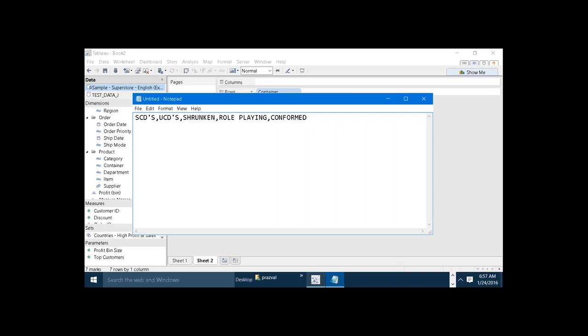So we frequently come across these 5 different types of dimensions. So it's all about the dimension types.